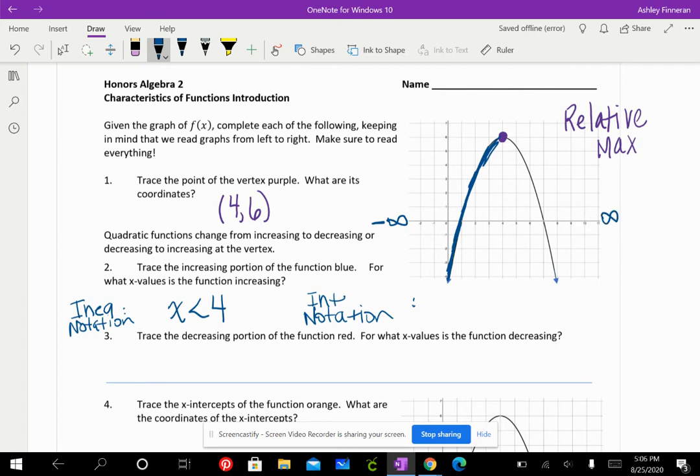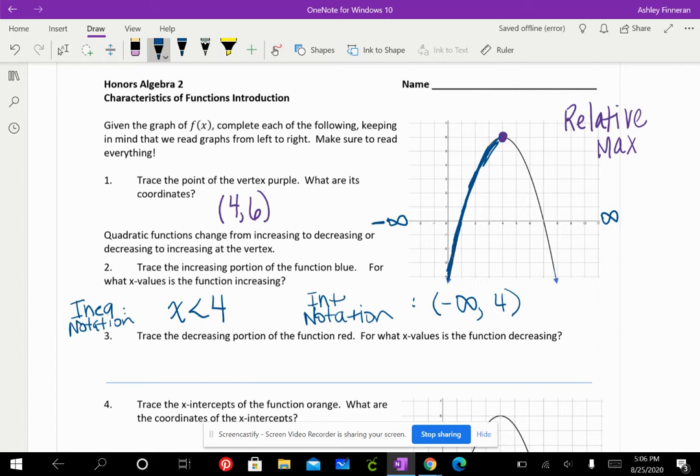So interval notation for which the function is increasing would be from negative infinity all the way up to 4. And then I use parentheses for both of these because neither value is included on the interval for which the function is increasing. At 4, the function is neither increasing nor decreasing.